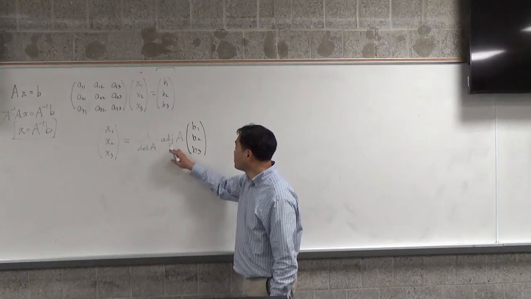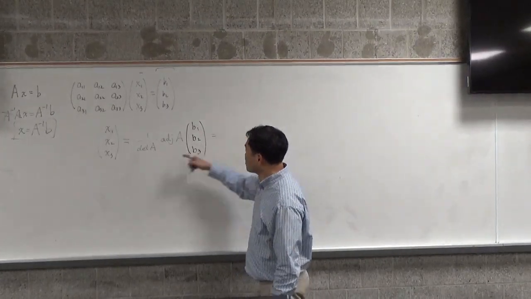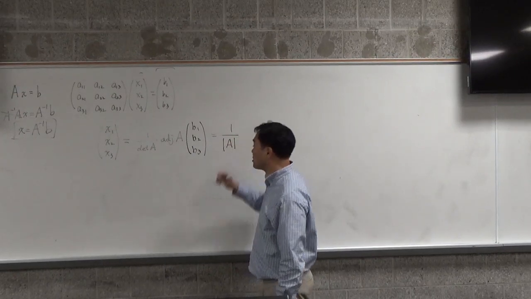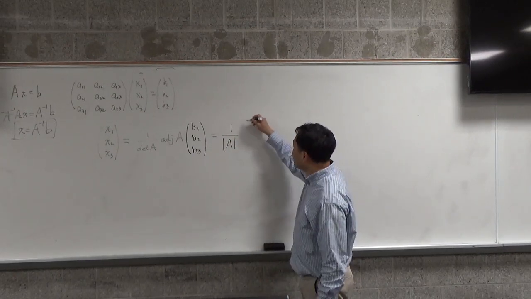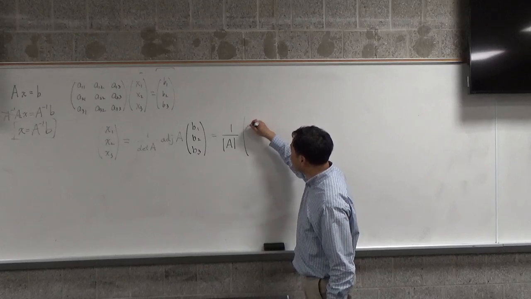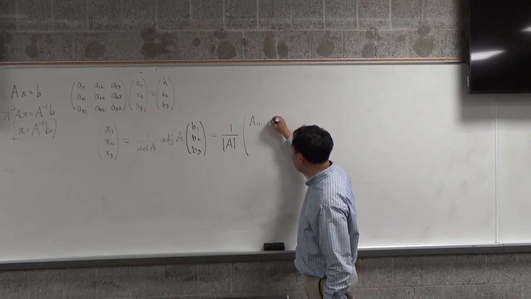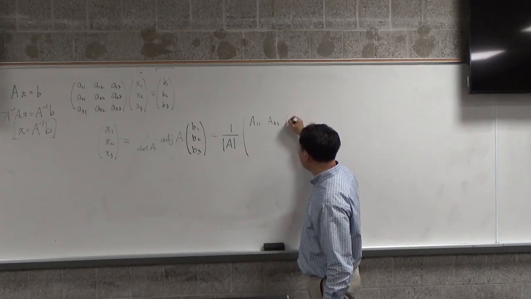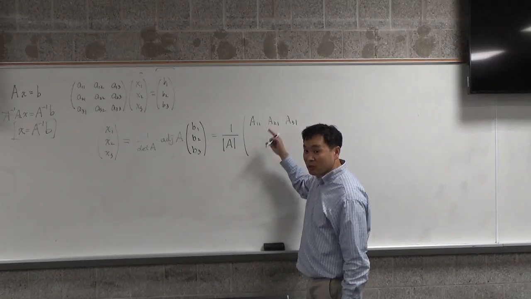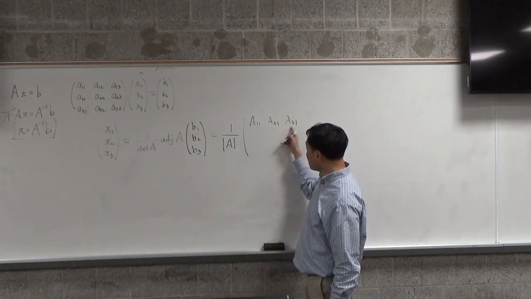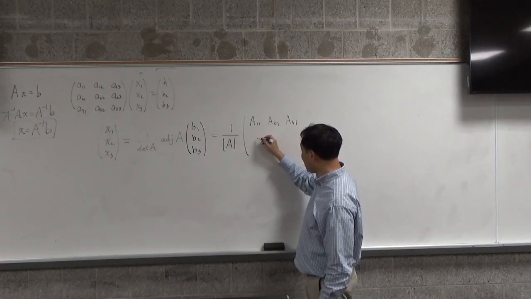Let's write down the full adjugate. So I'm just going to rewrite it as 1 over determinant of A like that. And then over here, the adjugate is, as you see, A11, A21, A31, because there's a transpose involved. This should really be a column, but I'm writing it as a row.